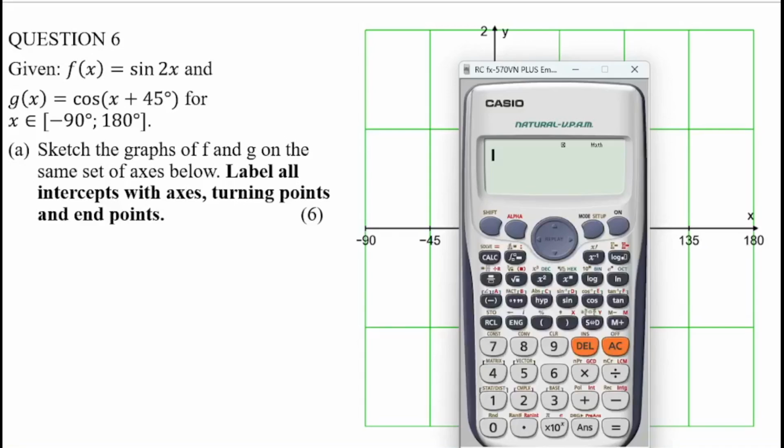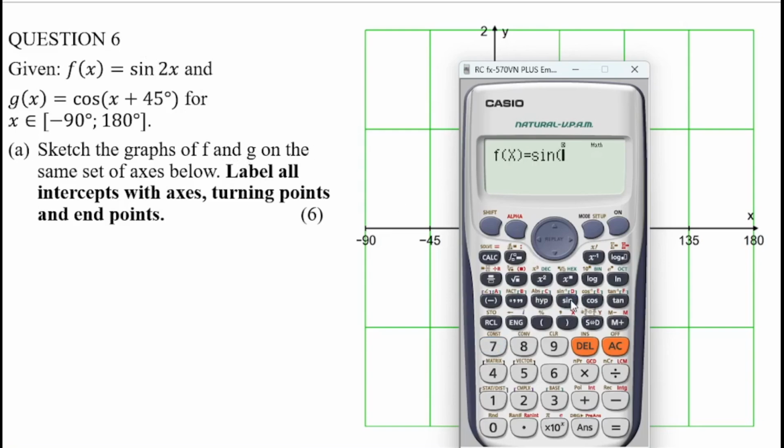This is how you can find your critical points by using the calculator. You press mode here, then you look for the table. In other calculators, table will be number 3, but in this calculator it's number 7. So you press table, and then you can put the first function, which is sin 2x.